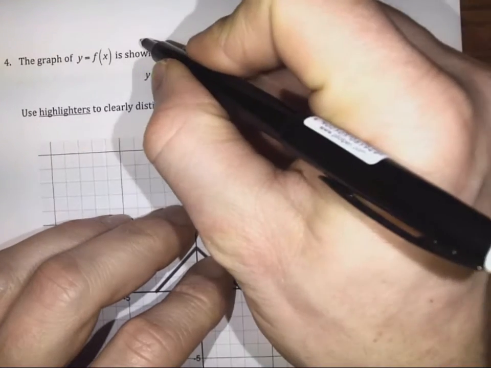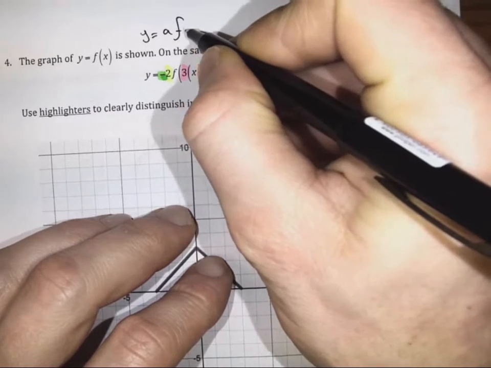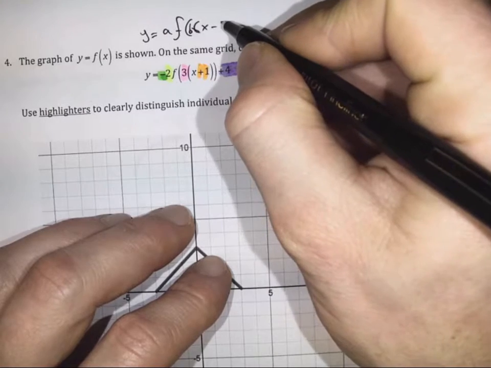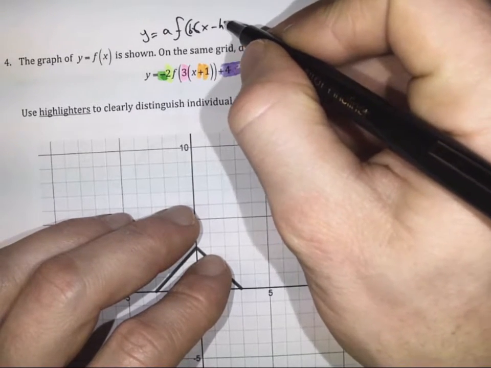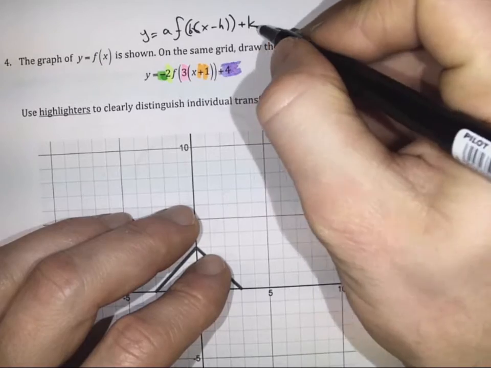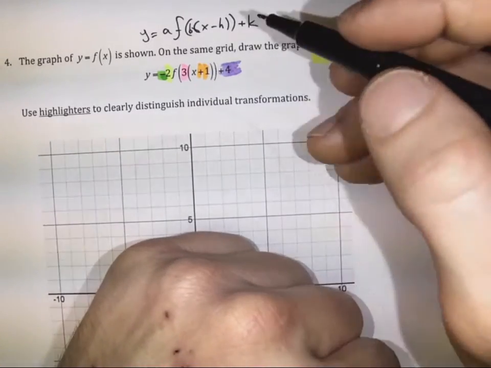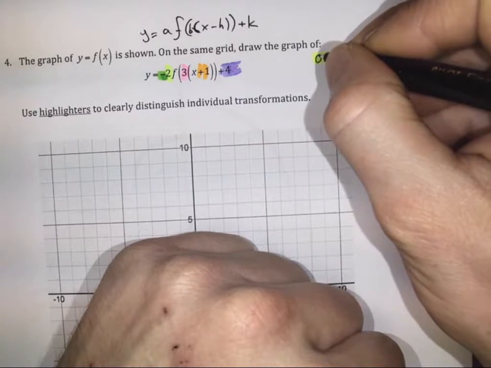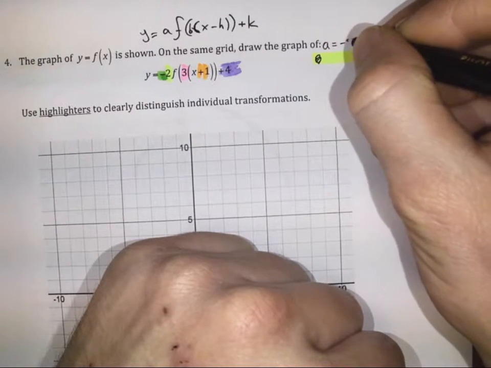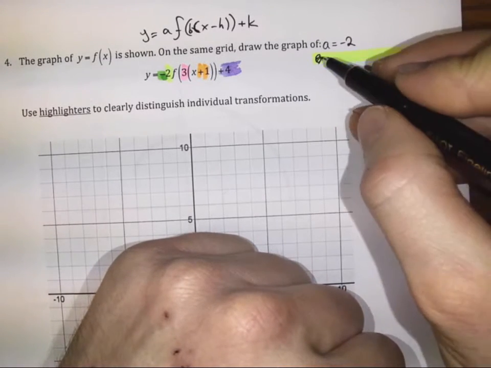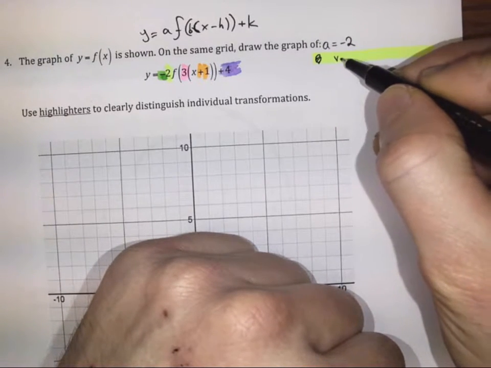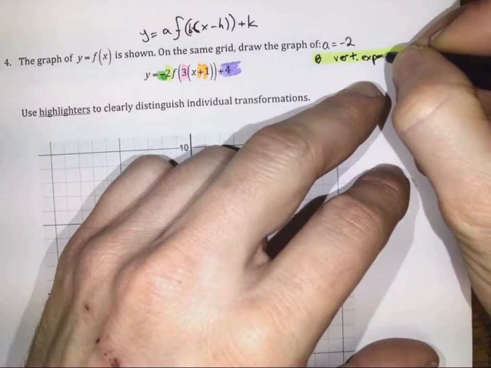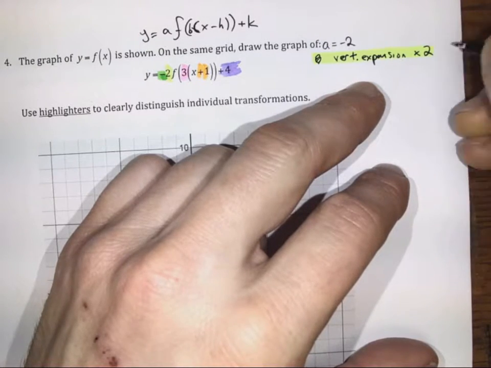It may help you to remember that this is like the function y equals a f of b x minus h plus k. I forgot which letter we were using. Our a value here is -2, and that tells us 2 transformations. First, we have a vertical expansion by a factor of 2.